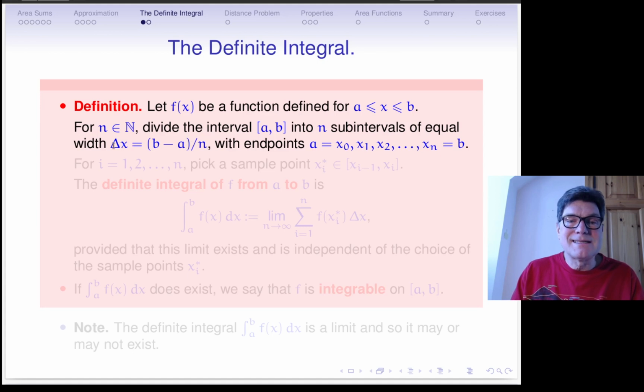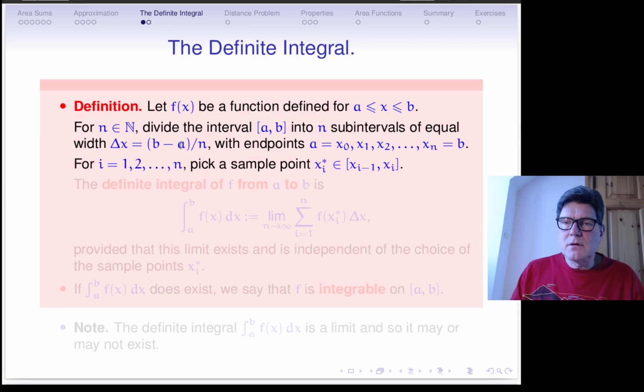Denote this by delta x. This results in new points on the x-axis, in addition to a, which we call x0, and b called xn. And there's x1, x2 up to xn equally spaced out between a and b.